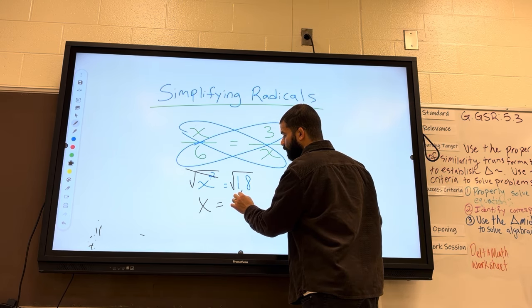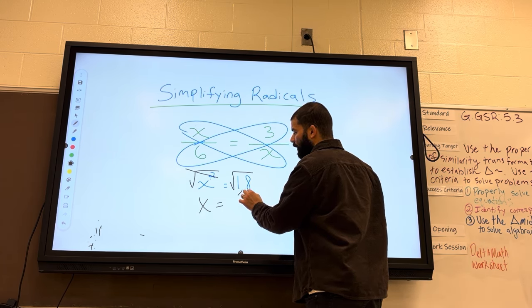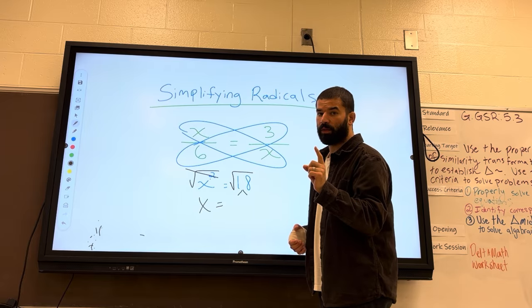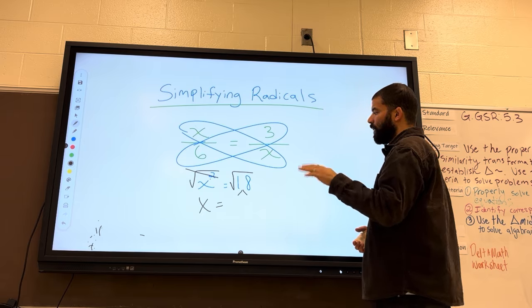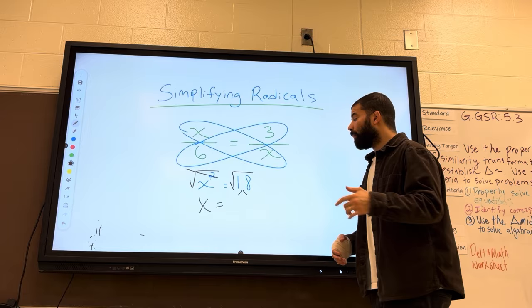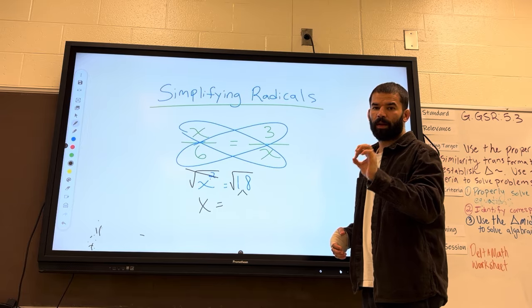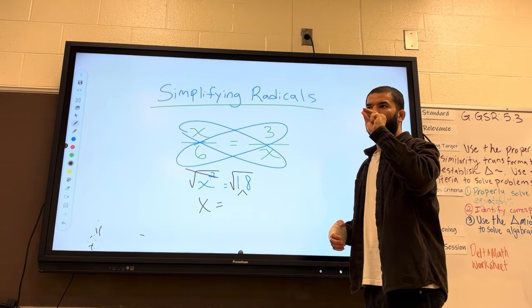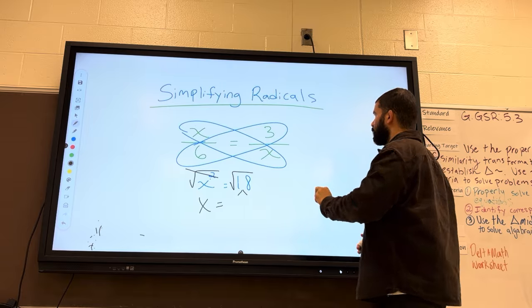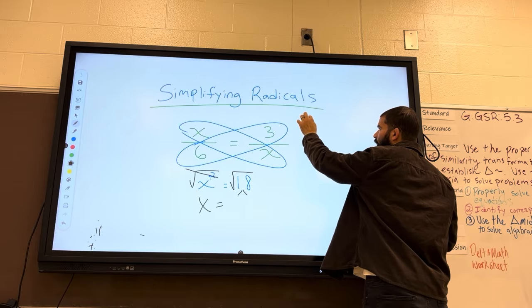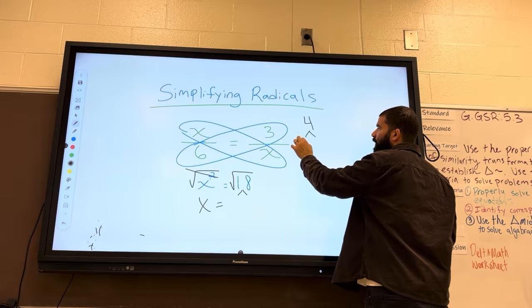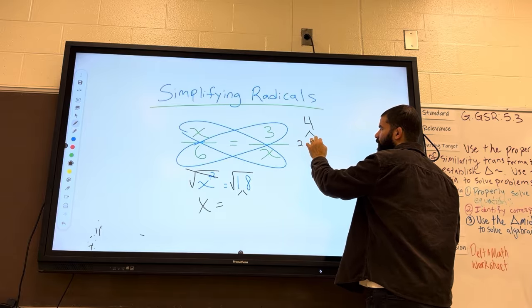We need to figure out two numbers that multiply here, where one of them is going to get us a perfect square. What's a perfect square? A perfect square is any whole number that has two identical numbers that multiply to it. So for example, 4 is a great whole number. That's 2 times 2, right?